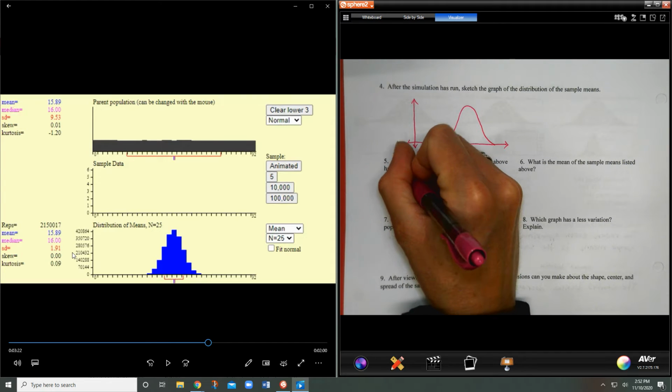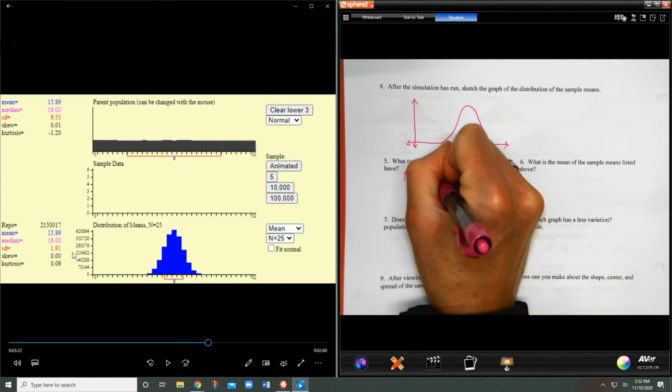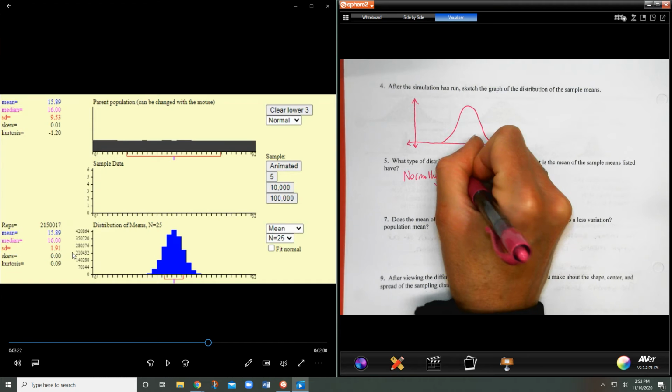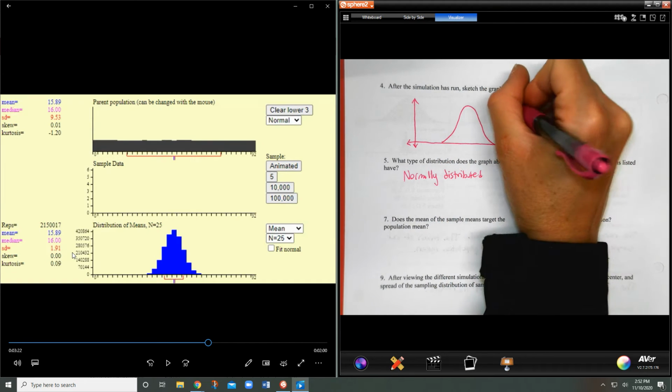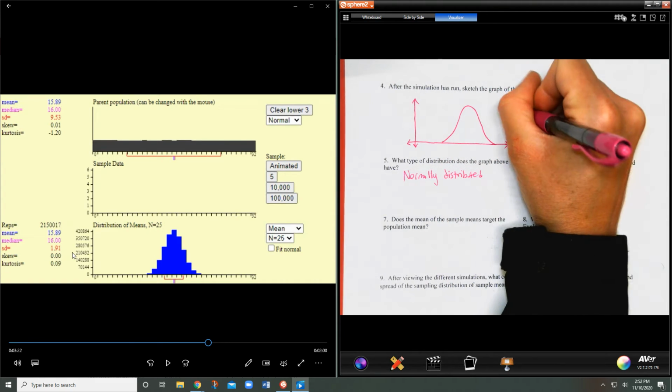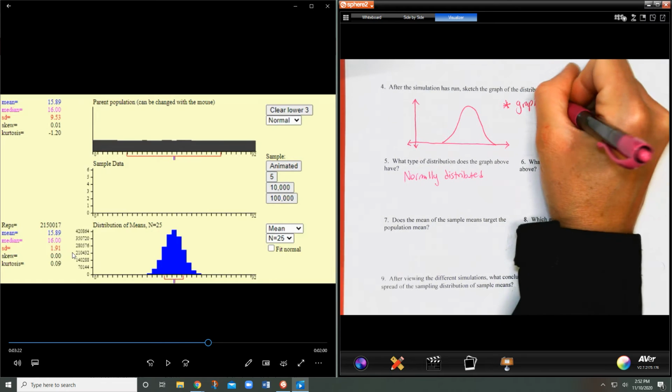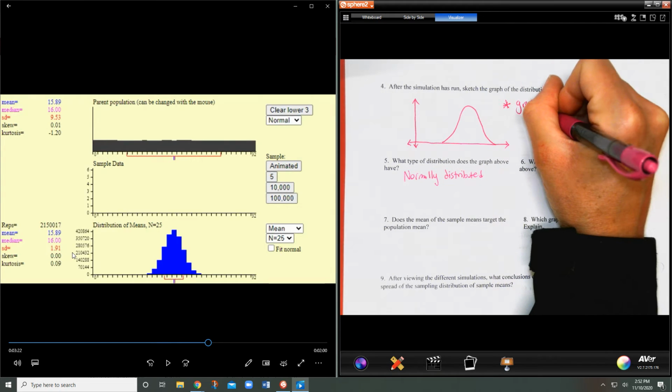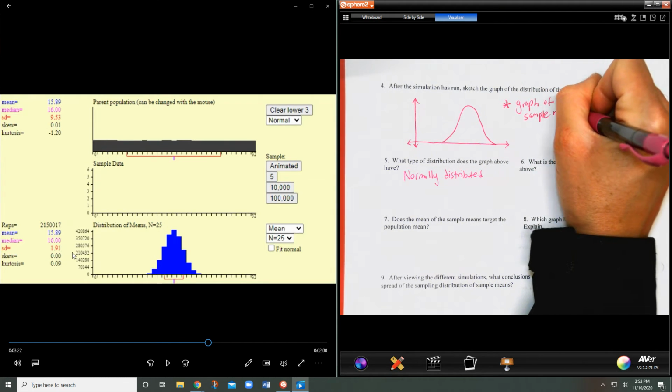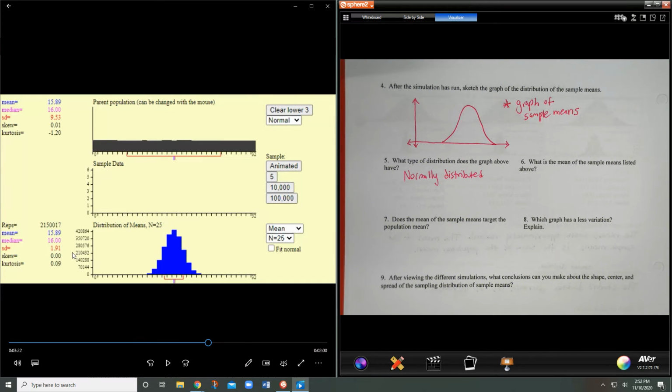It is normally distributed. Remember that this is the graph of sample means. So we were taking the mean of a sample of 25 items from our population and then graphing that result.